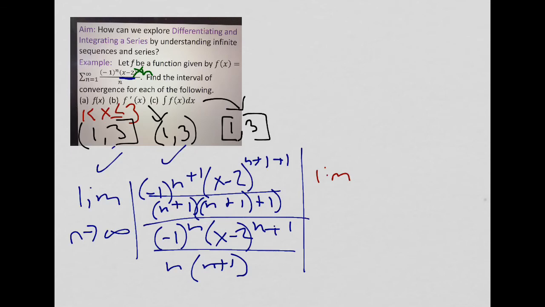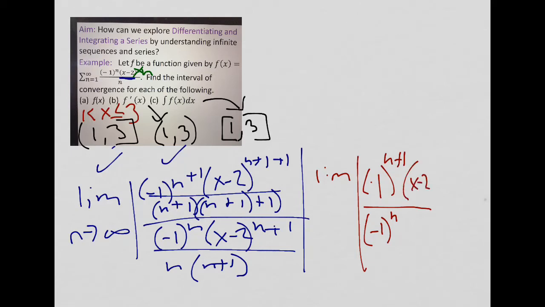So we have the limit of what looks like -1 to the n plus 1 power over -1 to the nth power, and we have x minus 2 to the n plus 2 power over x minus 2 to the n plus 1 power, and our denominator is n plus 1 times n plus 2.